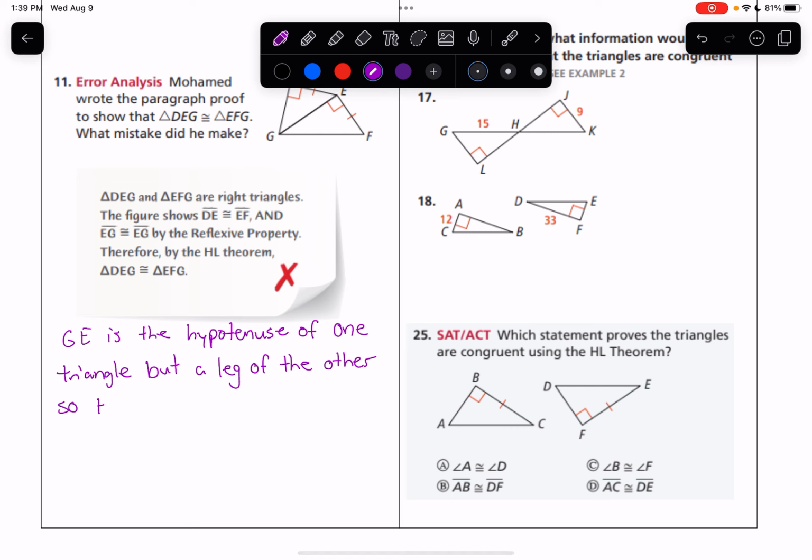So there is not enough information to use the hypotenuse leg theorem.